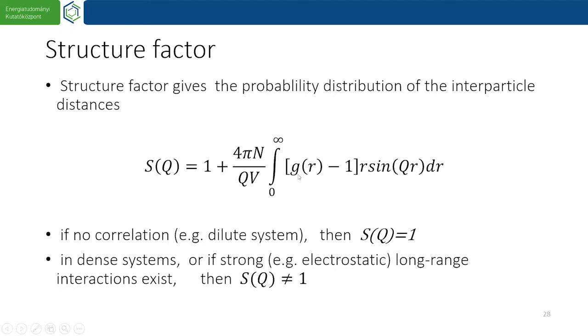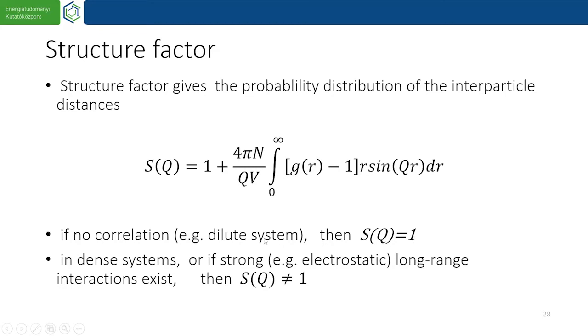That's why this term goes away, and this means that the S(q) term has a form in which at small q it can be either bigger than 1 or smaller than 1, and at large q it will always be equal to 1.